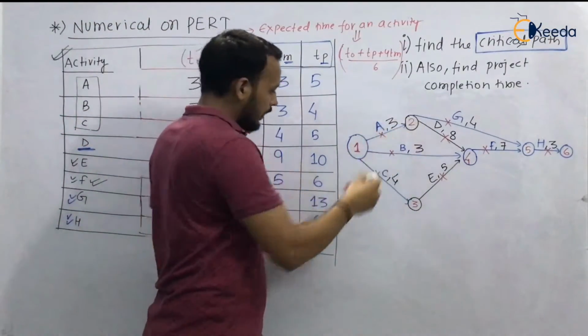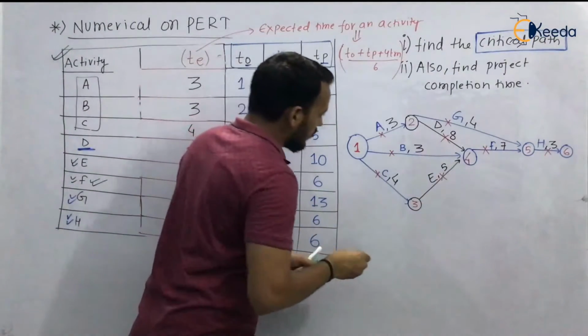When you look at this network diagram, what are the different paths which you are getting?